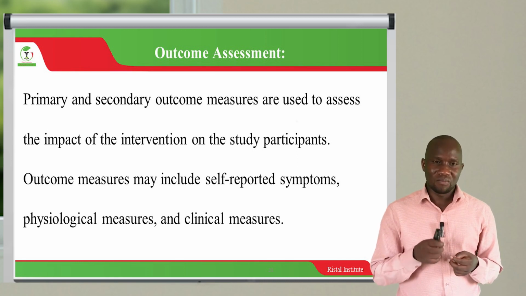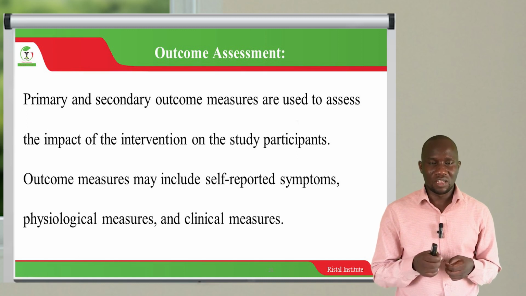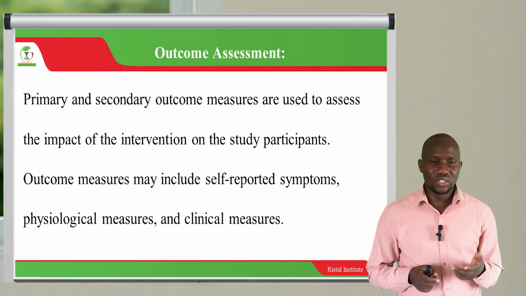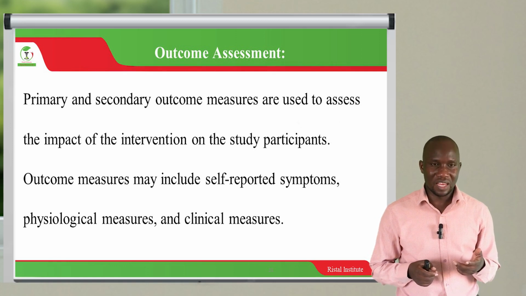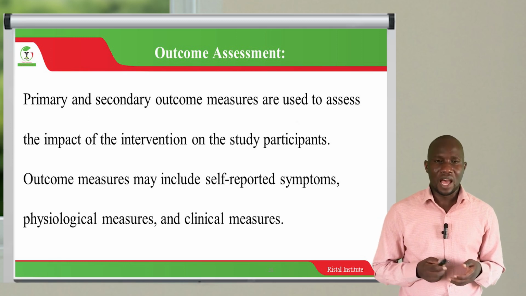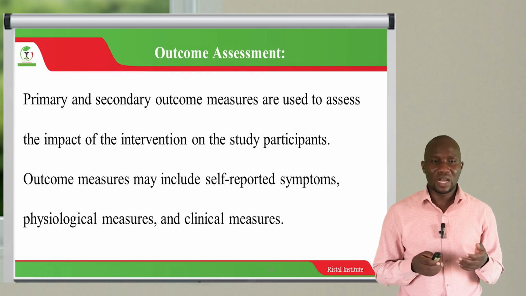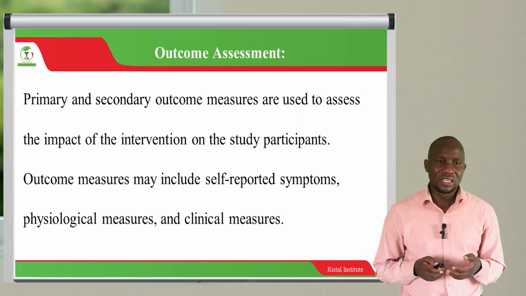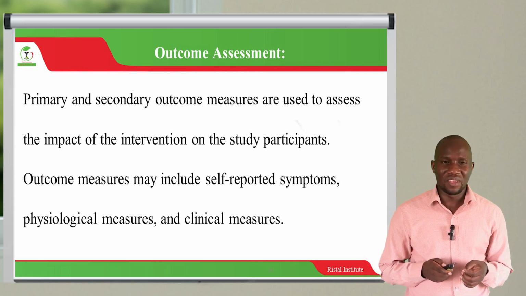So the outcome that you are assessing is actually the blood pressure in this case, which is a physiological measure, and it's an example of an outcome assessment that you can do in an interventional study. So you need to look at these parameters. You need to clearly state the outcome measures that you're dealing with, whether they're primary or even secondary.